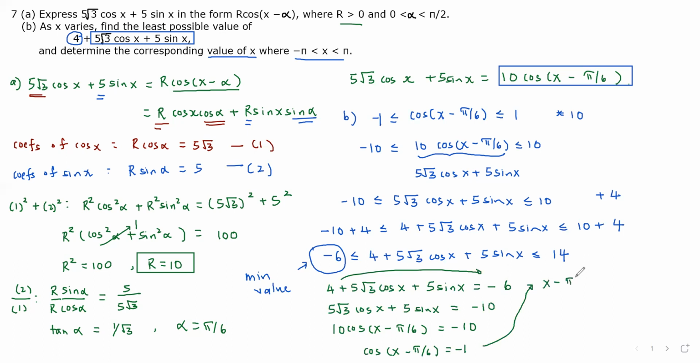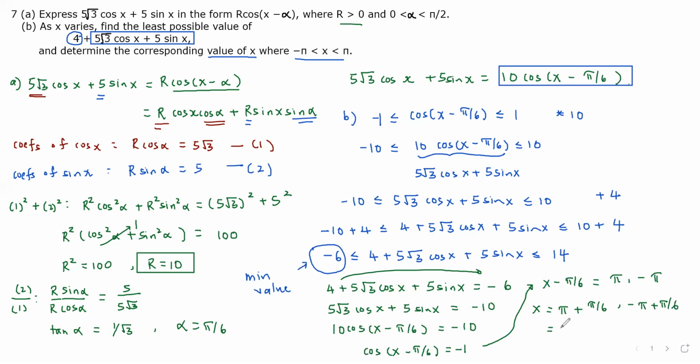x minus pi over 6. If cos is equal to -1, this angle, the argument, is either pi or -pi. Then adding pi over 6, we have pi plus pi over 6, or -pi plus pi over 6.